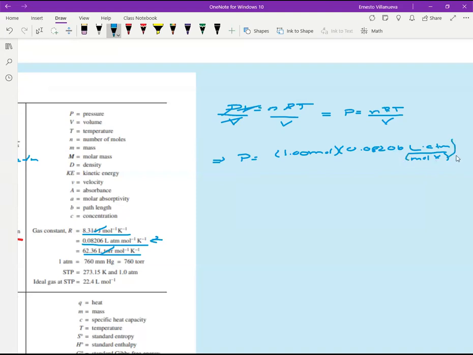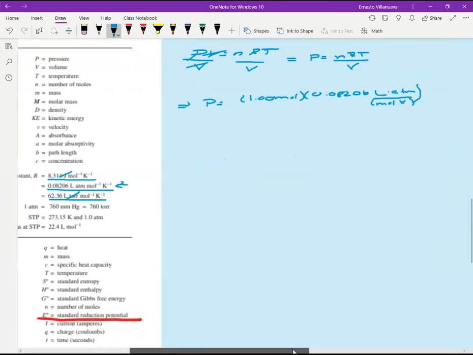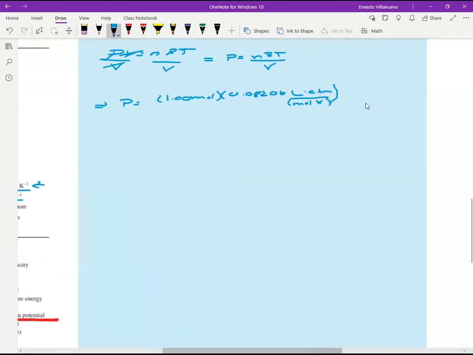I'm going to multiply that by my temperature, which is 298 Kelvin. And then I'm going to divide all of it by my volume, which is 2.00 liters.